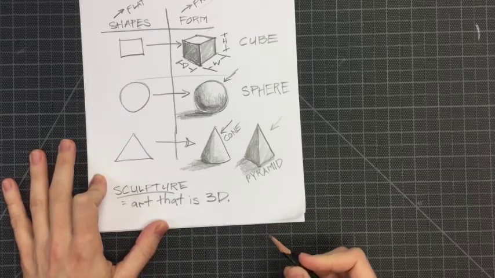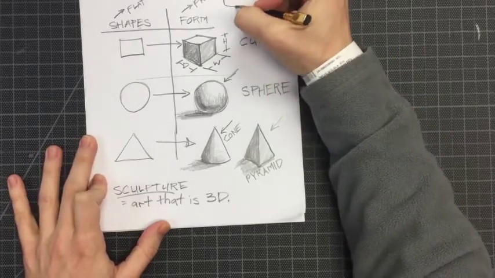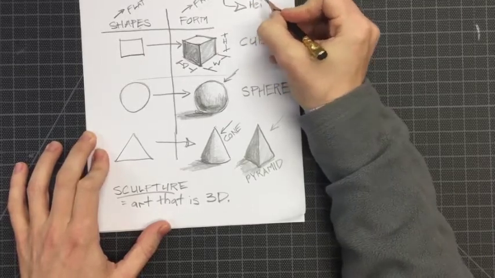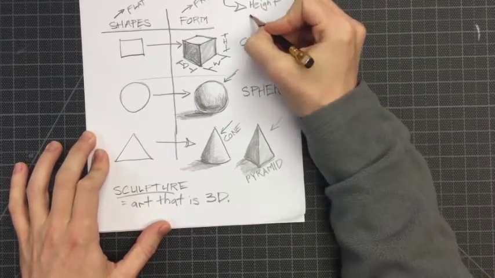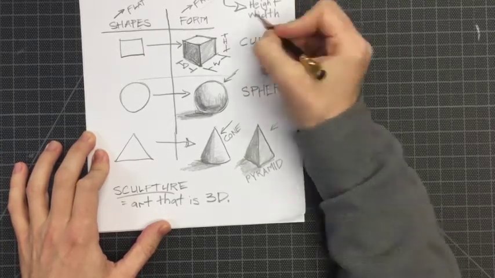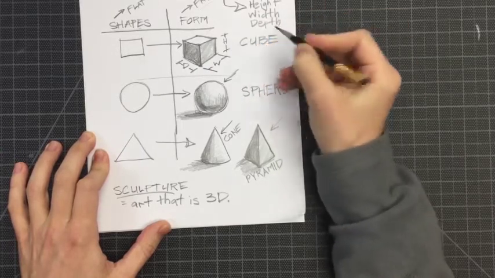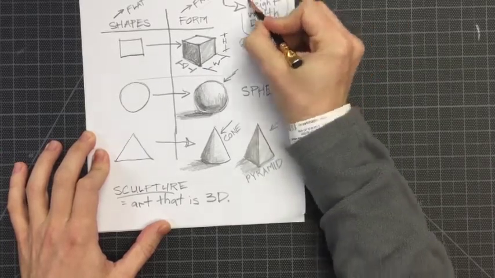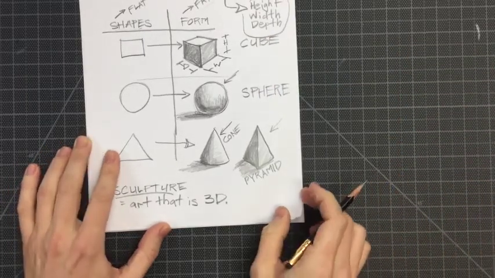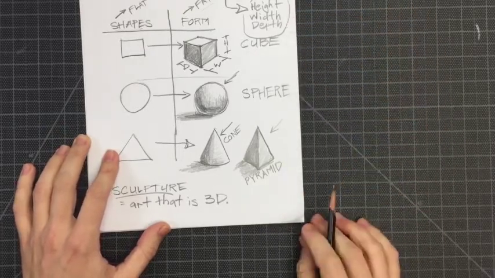And remember, three-dimensional means something that has height, width, and depth. Those are the three dimensions we're talking about: height, width, and depth.